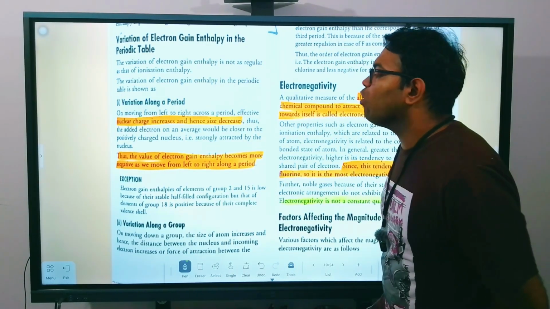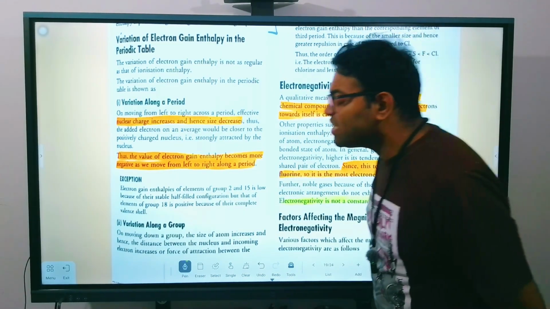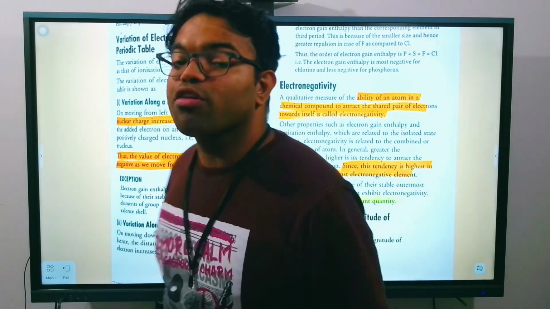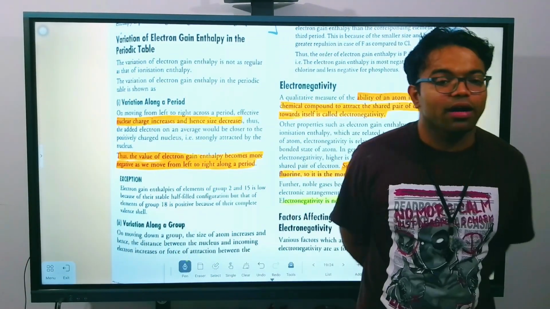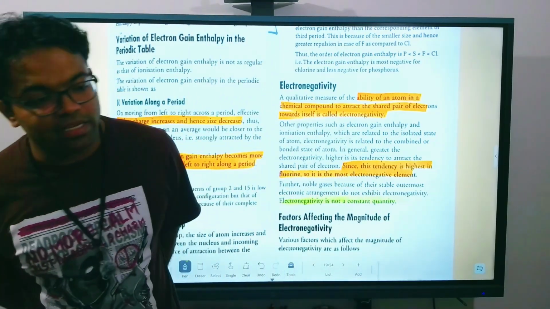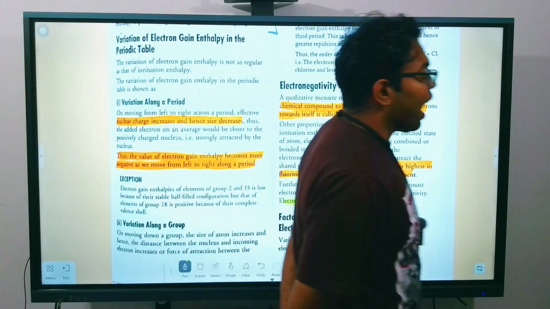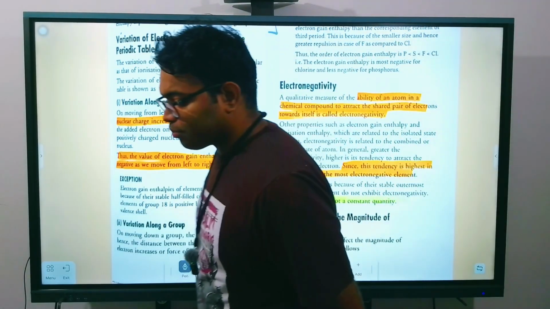Thus, the value of electron gain enthalpy becomes more negative, less positive. It becomes more negative as we go from left to right along a period. Clear? As we go from left to right along a period, the electron gain enthalpy becomes more and more negative.